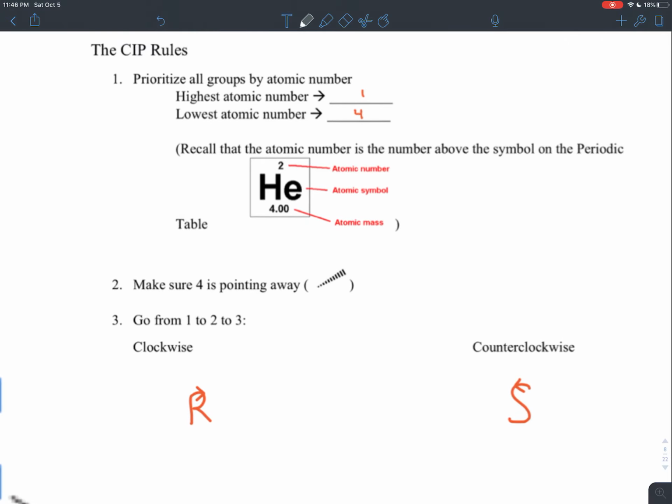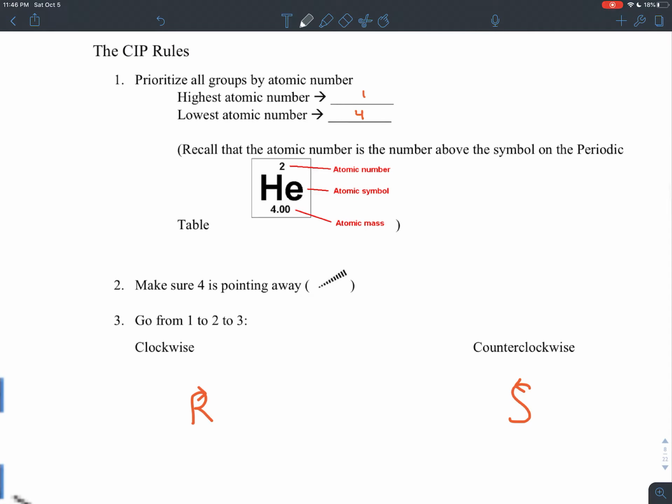Now, there are rules for determining whether you have the right or left-hand version. Those rules were developed by 3 scientists, Cahn, Ingold, and Prelog, so they're called the CIP rules. And there are a few steps. The first step is to assign priorities to the 4 different groups that are attached to the chiral center, based on their atomic number.